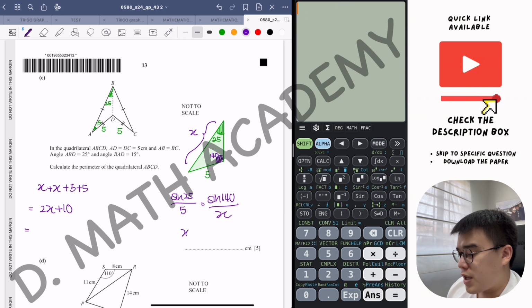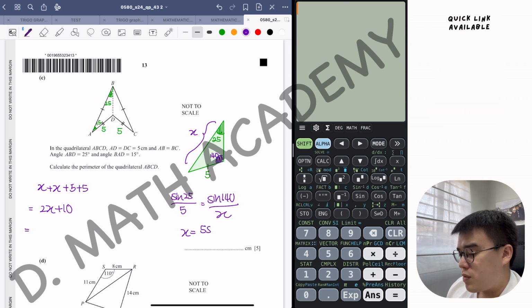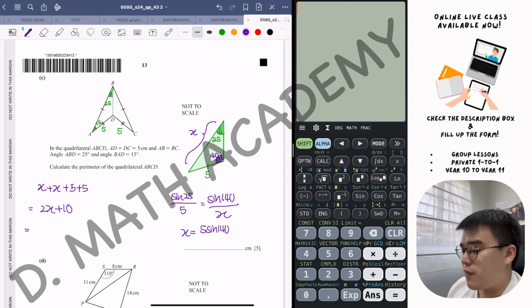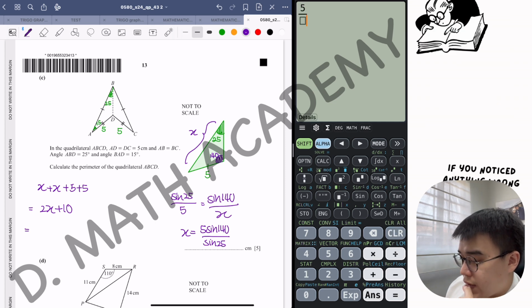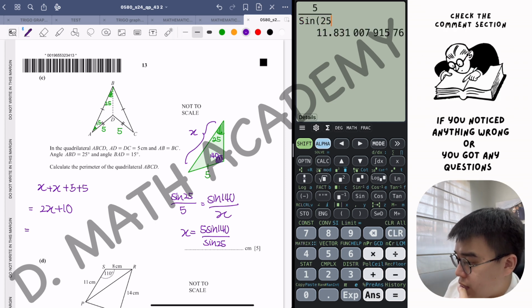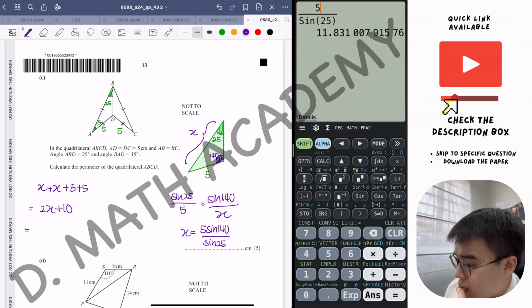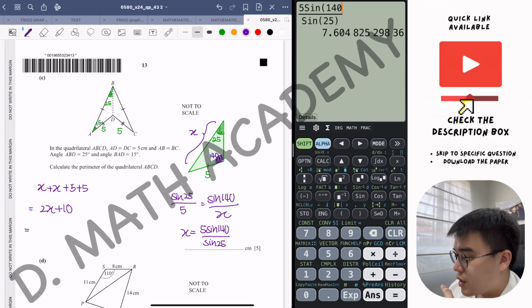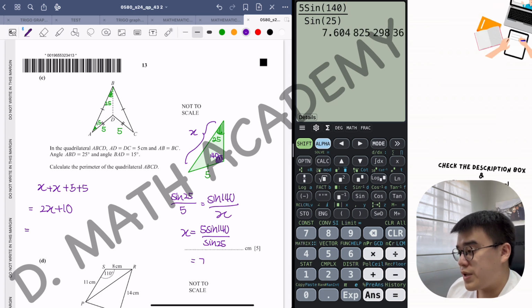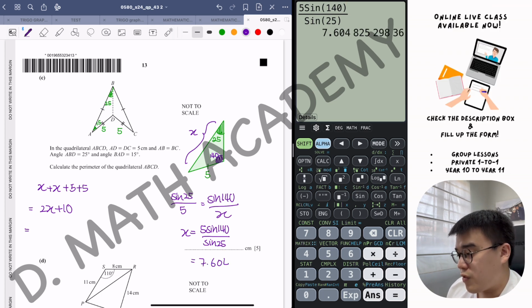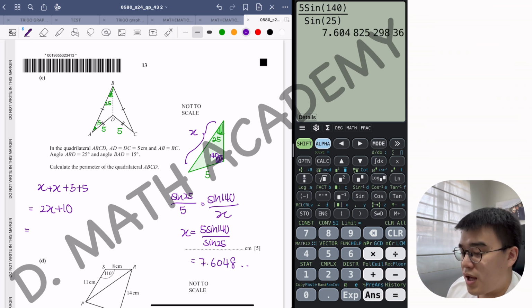Okay, so making x the subject, we'll have 5 sine 140 divided by sine 25. The answer from this will be 7.6048 and so on.